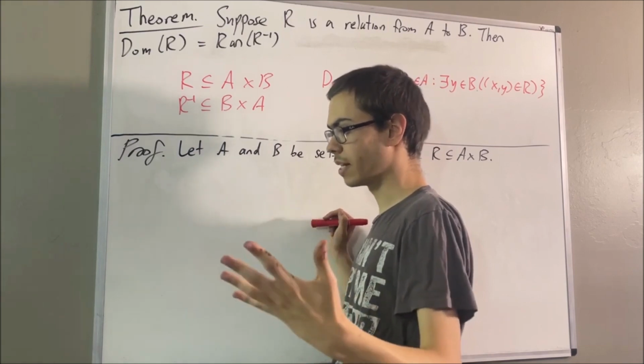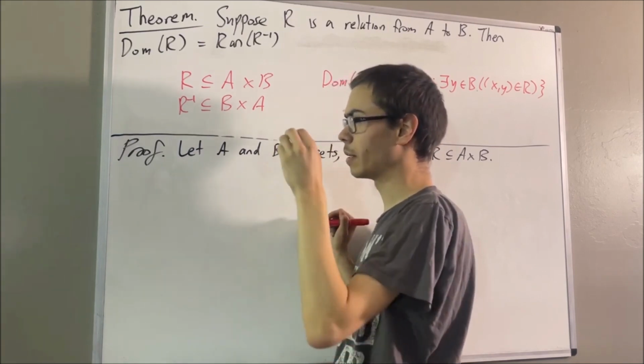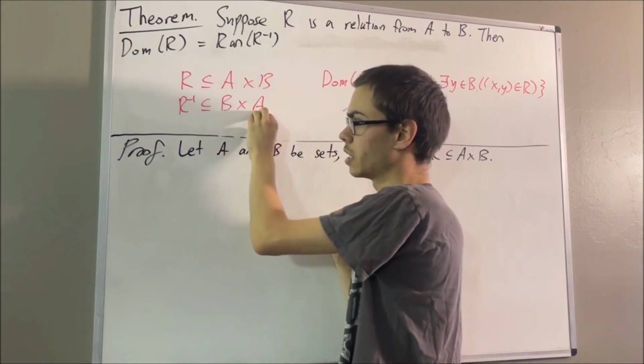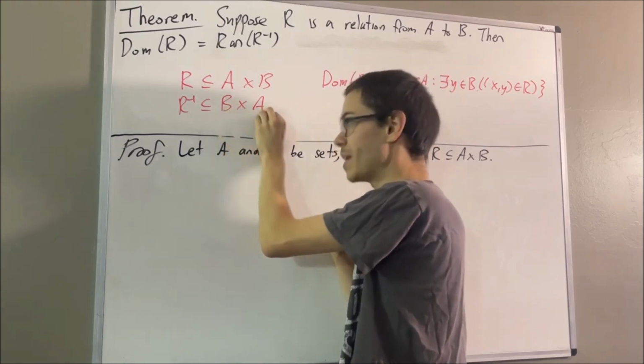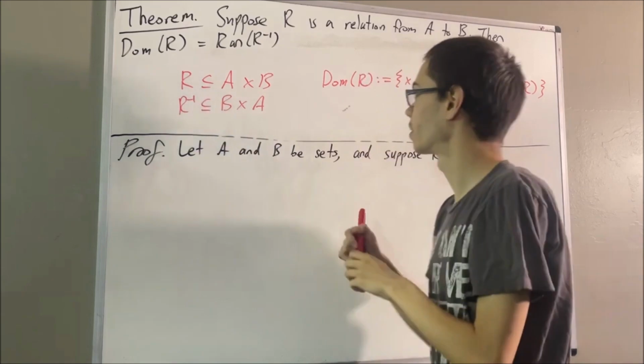More precisely, it's the set of all elements P in A, such that there is an element Q in B, such that Q, P is an element of R inverse.